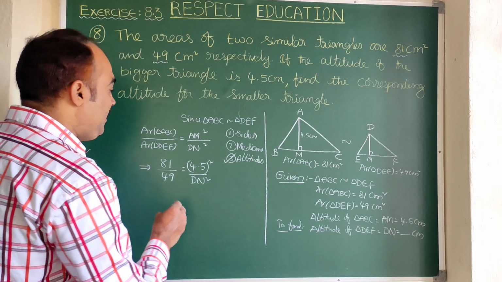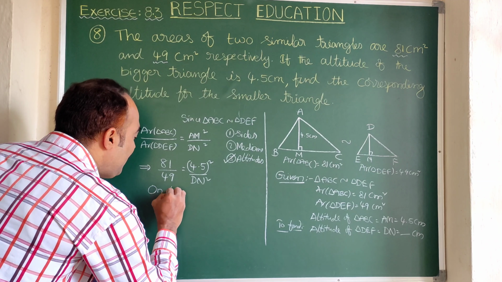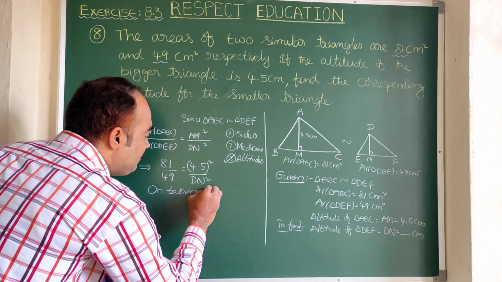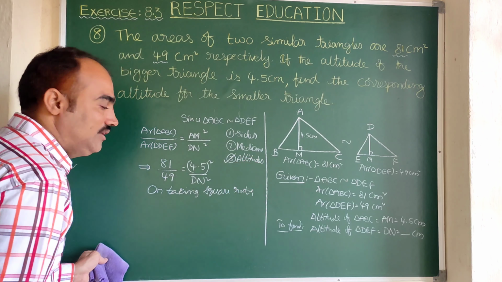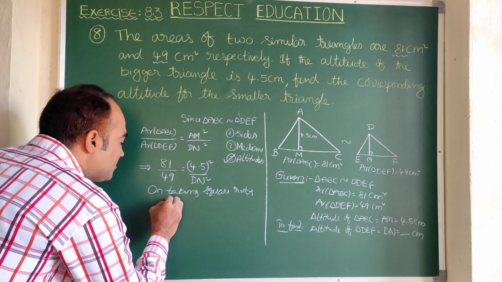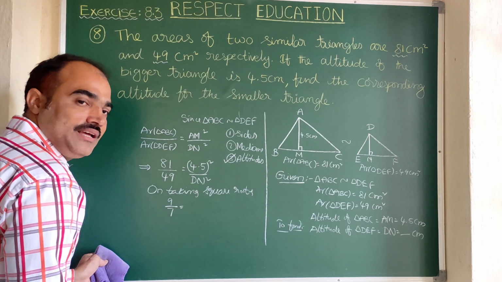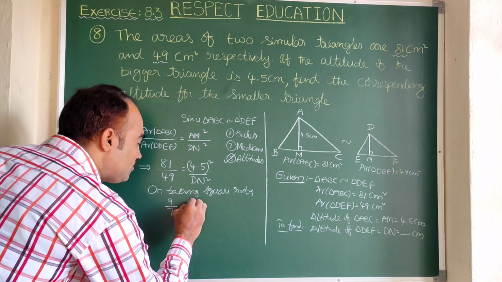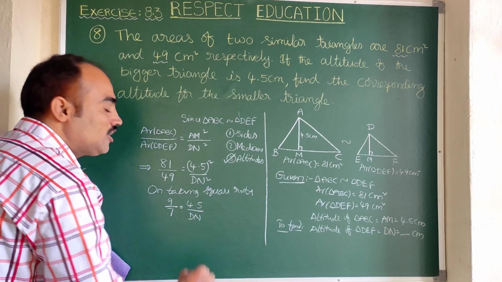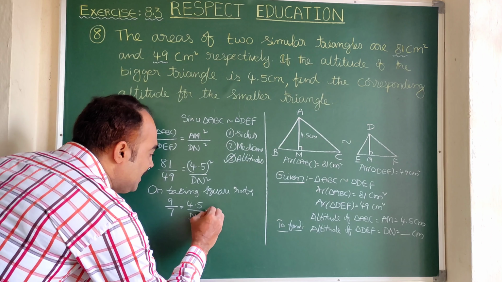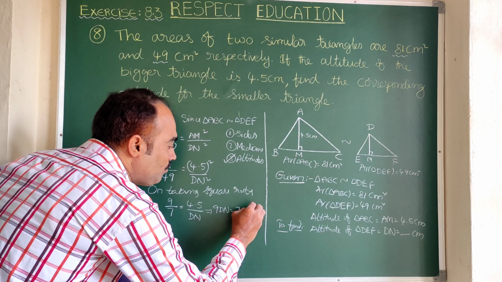Now let us take the square root on both the sides. Root 81 becomes 9, root 49 becomes 7, root of 4.5 square becomes only 4.5, and DN square becomes DN. Now let us do cross multiplication: 9 times DN is equal to 7 times 4.5.